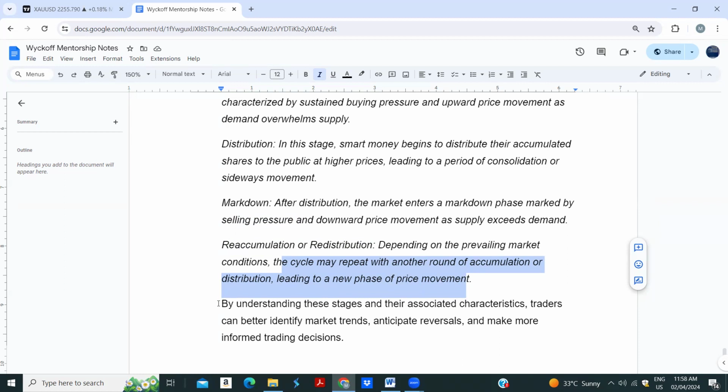By understanding these stages and their associated characteristics, traders can better identify market trends, anticipate reversals, and make more informed decisions. If you understand all of these 5 stages, you can identify the market trends better, anticipate the reversals, and make better trading decisions.